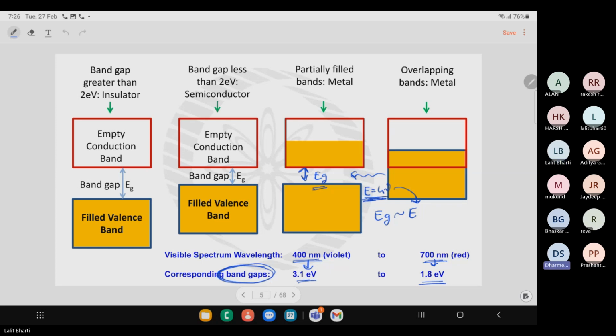Sir, in what condition will it be transparent? For the transparent case, you need to convert the wavelength into frequency. If your energy is lower than the Eg, it will be transparent directly, correct?